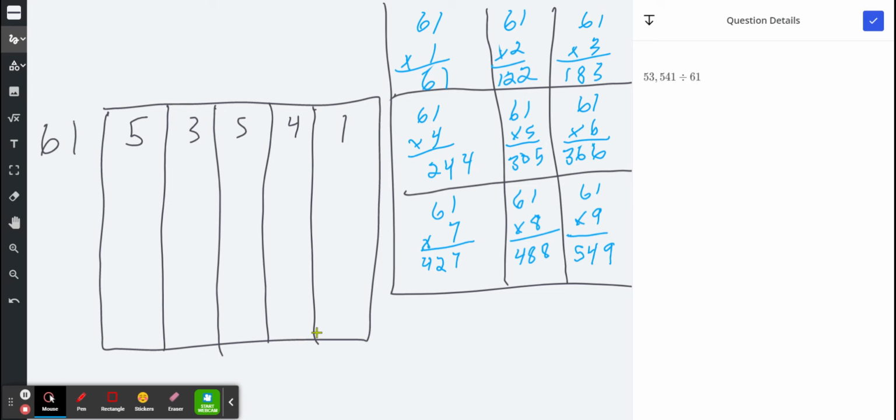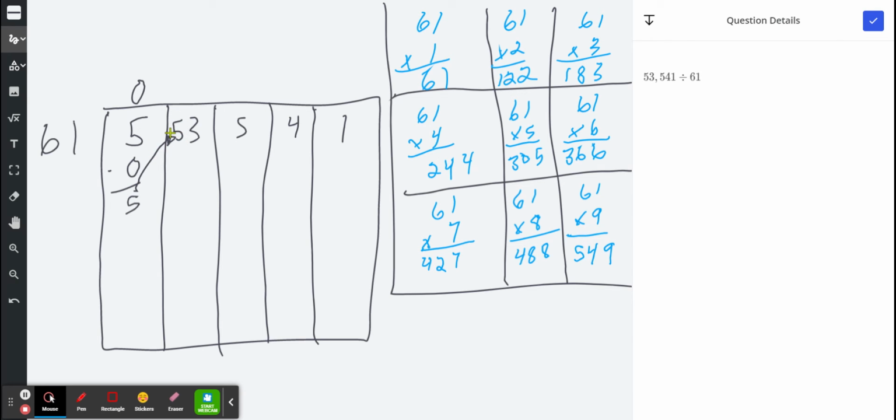All right, so now remember, I'm trying to see how many times 61 fits into each digit. 61 is a pretty big number, right? 61 does not fit into 5 at all. Okay, so we can put your 0 there. 0 times 61 is 0, and subtract to find the difference of 5. So remember, I bring that 5 up here.